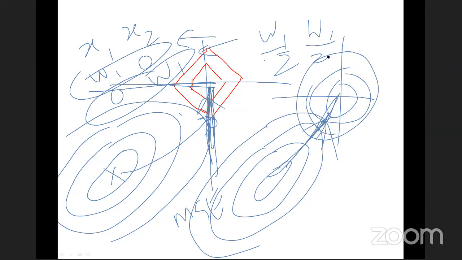It's the square root of (W1 by 2) squared plus (W1 by 2) squared, which is W1 by the square root of 2, not W1 anymore. So your L2 norm becomes smaller. So it will try to make the weights for X1 and X2 equal.